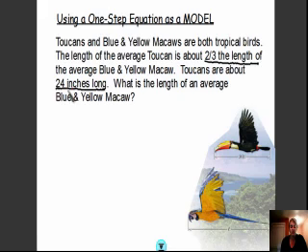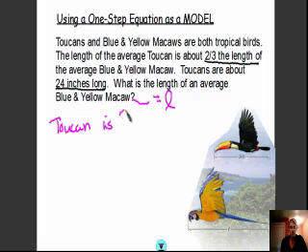So let's say here that a blue and yellow macaw, we're going to say that that's our variable. We're going to call that L, because that's what we're looking for, the length of an average blue and yellow macaw. And what we know is that a toucan is about 2/3 the length of a macaw. So let's put this in words first.